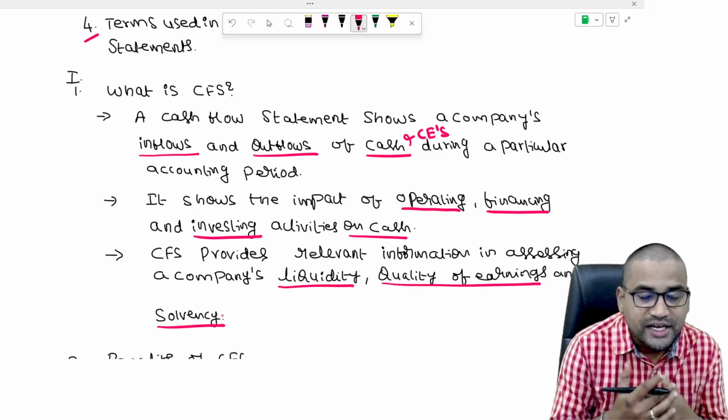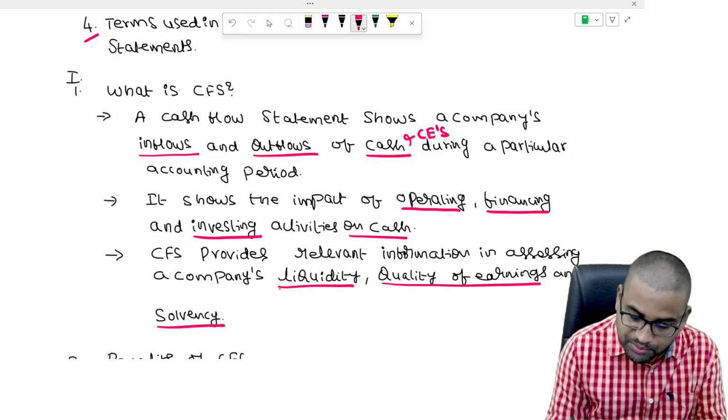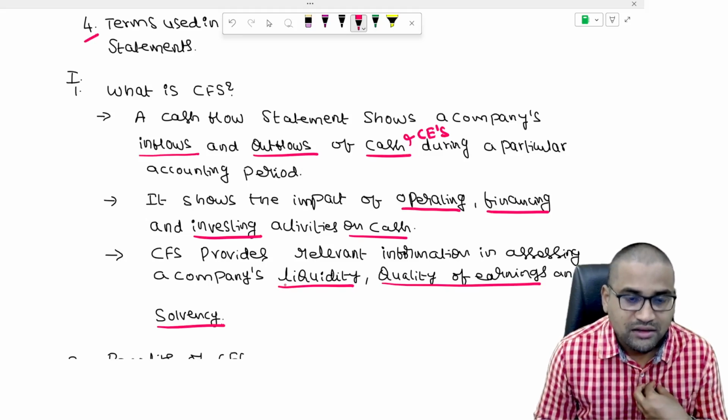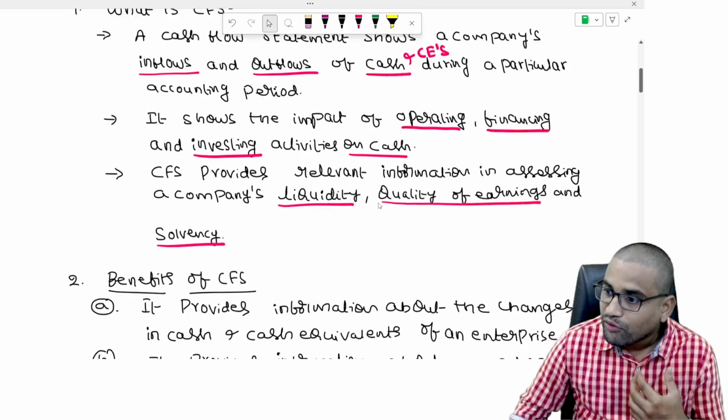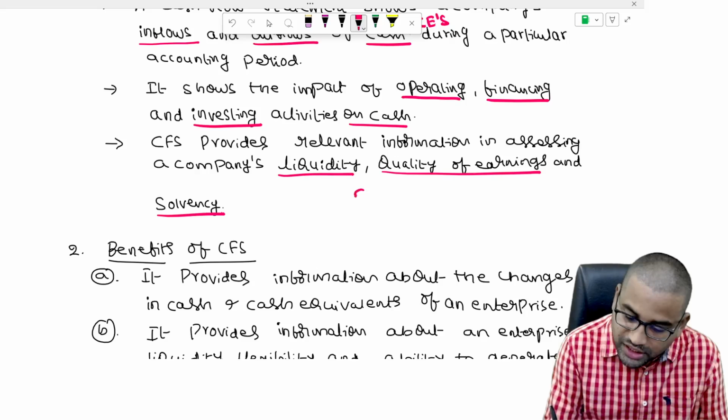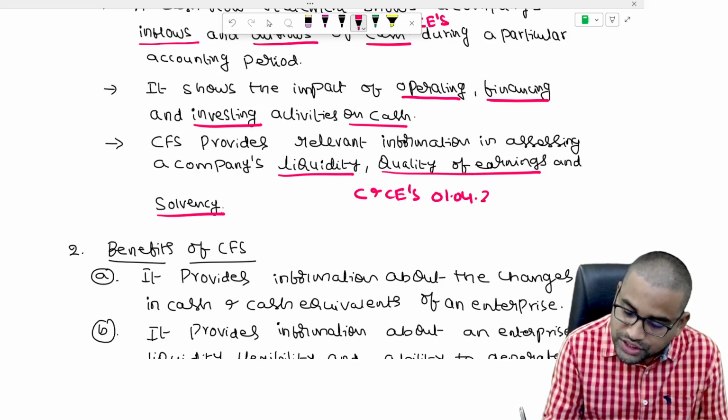Whether the company is generating sufficient cash, whether the company has liquidity, and what about the quality of earnings, how we are earning? For example, suppose cash and cash equivalents on 1/4/2024 were 20 lakhs.